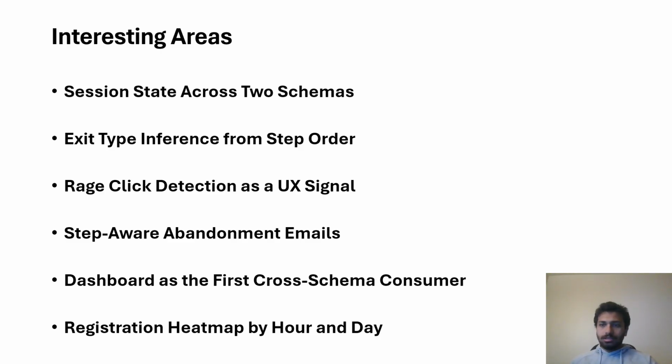Mapped to registration steps, it shows exactly which UI is confusing users without any user feedback. And the dashboard being the first cross-schema consumer, the first code to simultaneously read from the teammates table and mine, and seeing it actually work was the moment that made the whole architecture feel real.